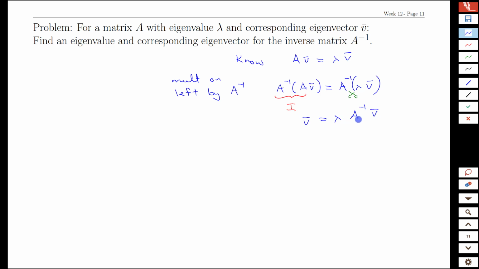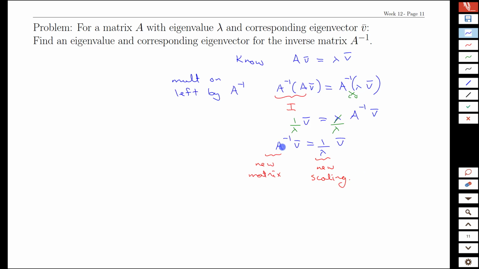And we start looking at that and going, hey, I've got a matrix times v. Let me write that on the left-hand side. If I do that, what I could do is divide through by lambda. And then I write it with this on the right-hand side, because that's where we like to write it, because now we have our new matrix and our new scaling factor.